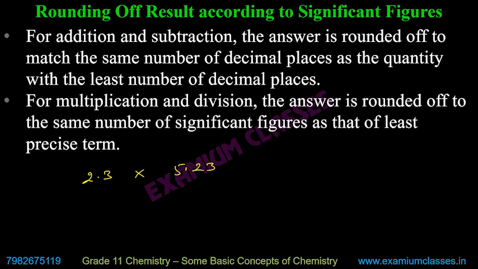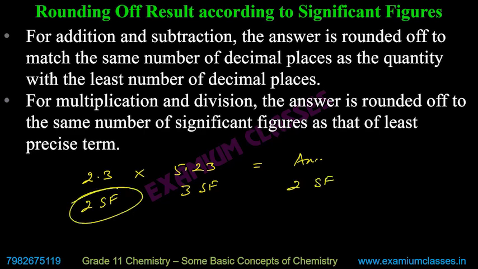Then in the result, there will be only two significant figures, because here we have two significant figures and three significant figures. The answer will have two significant figures, the minimum. So in multiplication and division, it will be on the basis of minimum significant figures. In addition and subtraction, the result will be on the basis of minimum number of decimal digits.